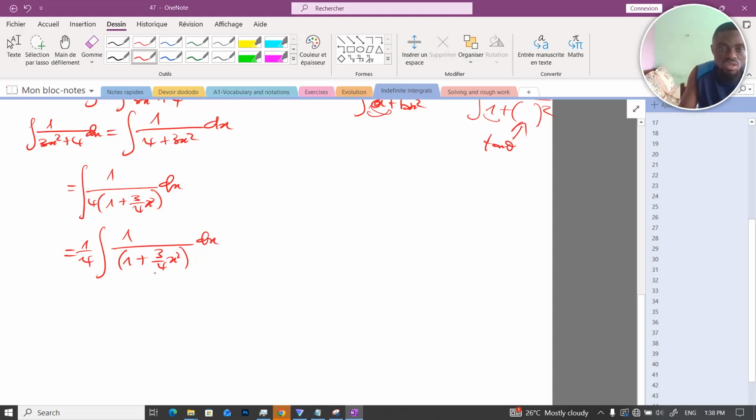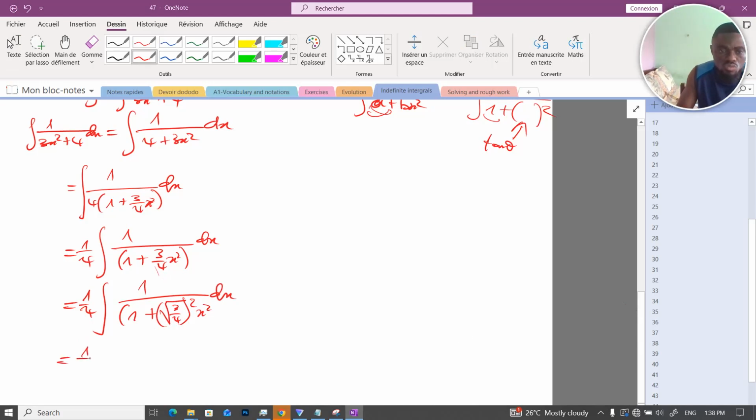I told you the technique we usually use. So this will be equal to 1 on 4 integral of 1 all over 1 plus, you write this square root, all that squared. So I'll have square root of 3 all over 4, all that squared, because this square will remove back this and come back to this, times x squared dx.